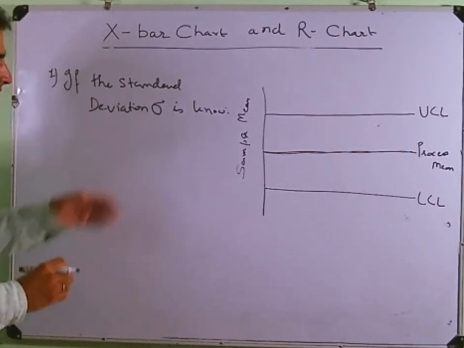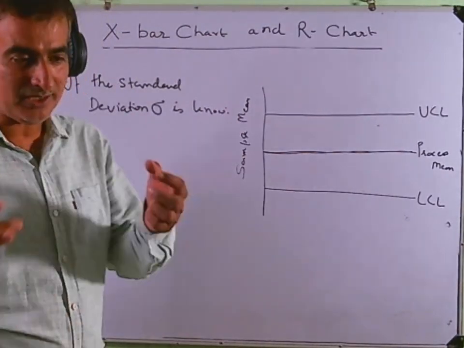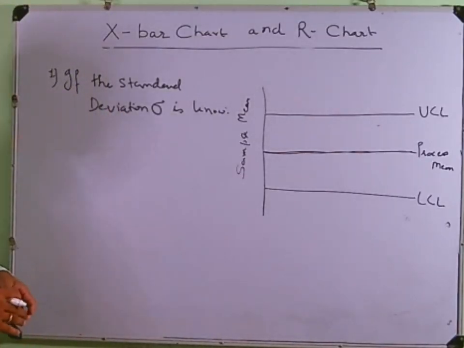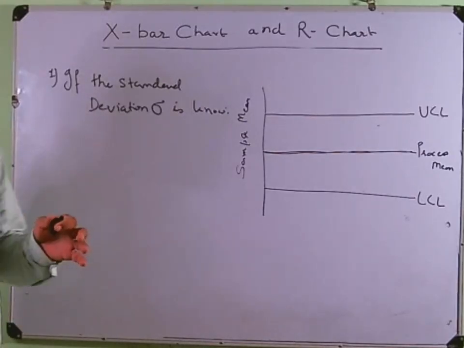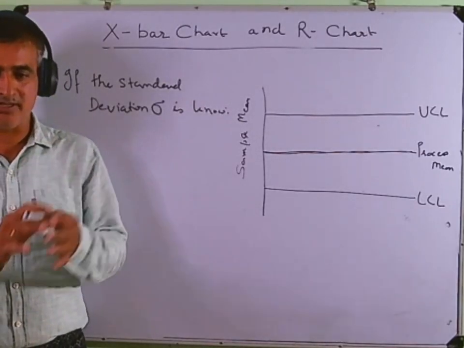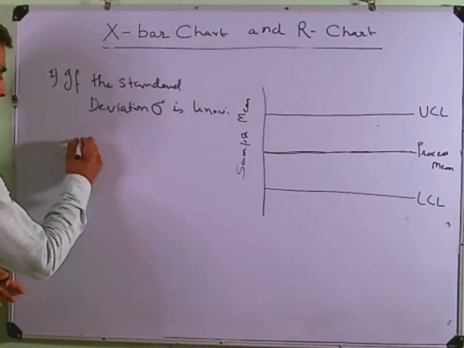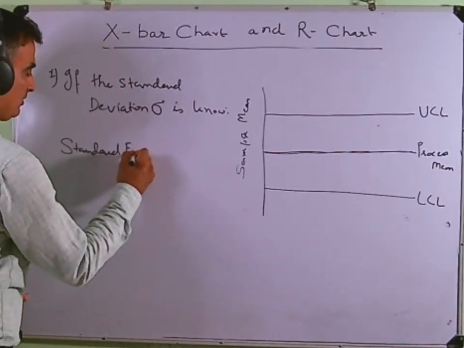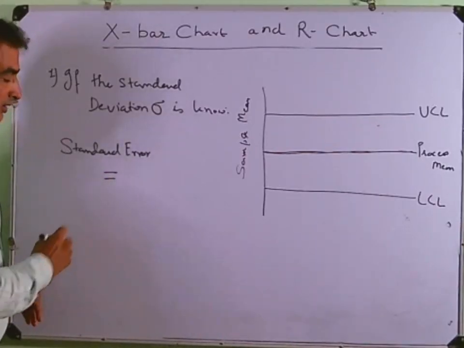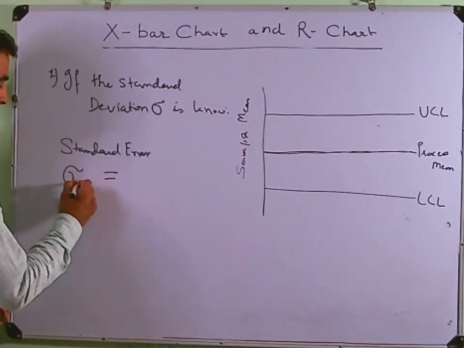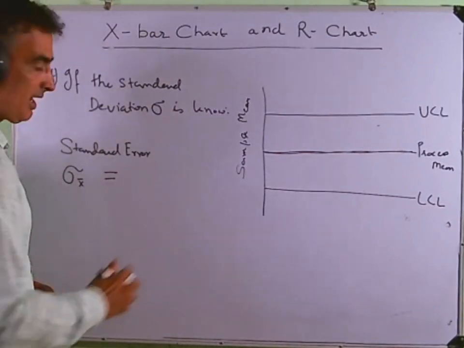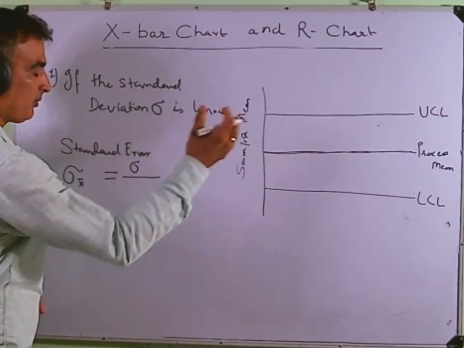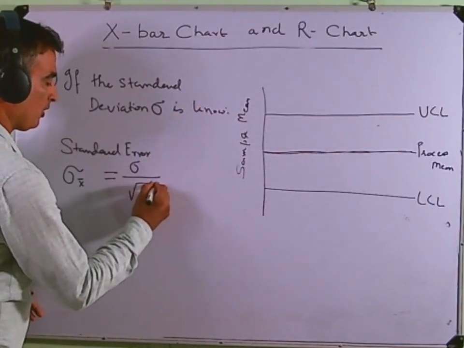When the standard deviation is known in advance, meaning the standard deviation of the process is already known, then the first thing you have to calculate is the standard error for the sample mean that you have collected. That standard error is the standard deviation of the process divided by root of n.